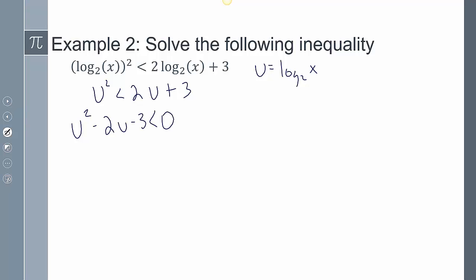now this is a polynomial, and the way that we do polynomials is we just need to find the zeros, and we put the zeros on the number line to be able to test the intervals. And so factoring this is going to be u minus 3 and u plus 1, and that's less than 0. And so I'm going to get u equals 3 and u equals negative 1.